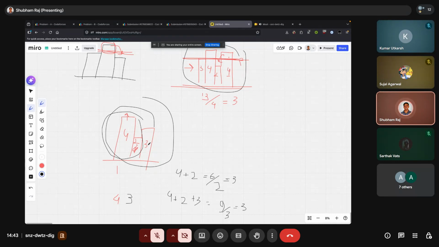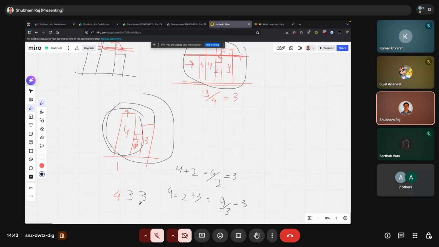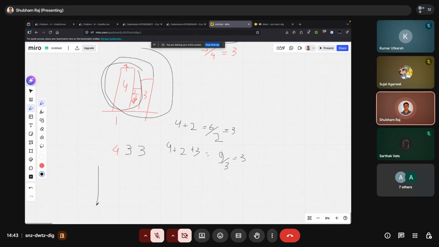So we can make the third index up to height 3. So if I show you how we can make this cake, the first is 4, the third is 3, right? Now if we start chopping from height 3, this extra cake will be dumped here. So the height of the second cake will also be 3.